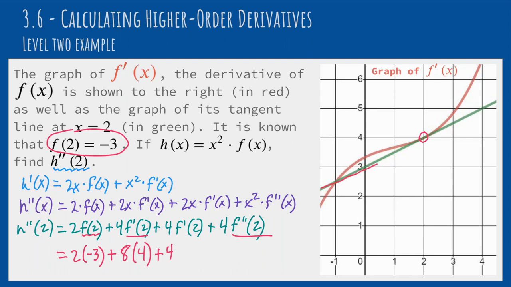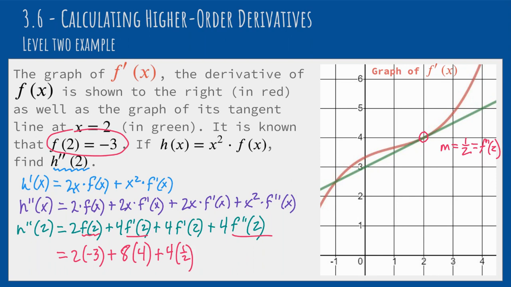The slope of this line right here, which we can see using the lattice points, is 1/2. That's going to be the second derivative of f evaluated at 2. Again, since the graph in red is f prime, the slope of the tangent line of f prime is going to be given by the derivative of that, which is f double prime. So that's going to be 1/2.